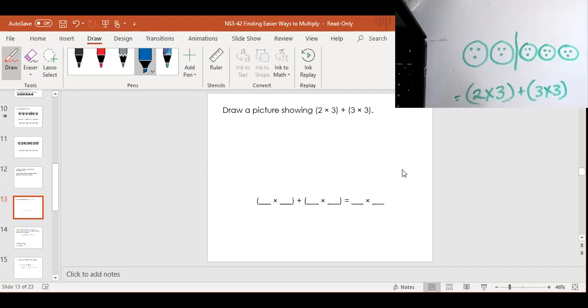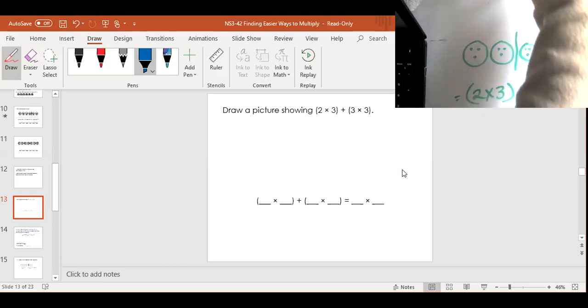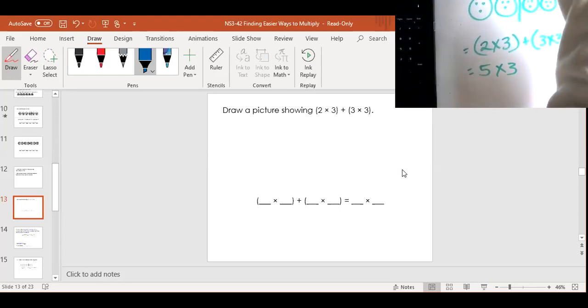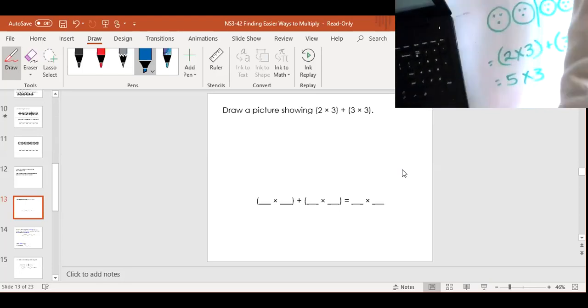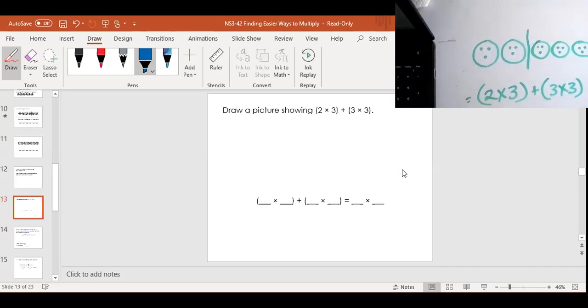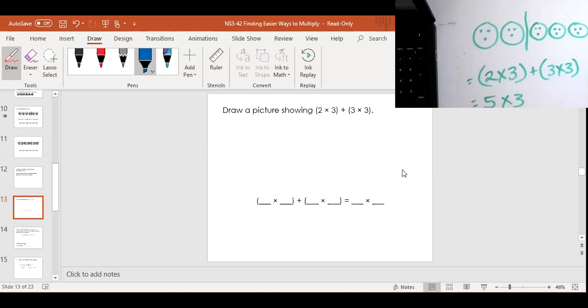Well, 2 and 3 is 5, so I have 5 groups of 3. So what they're telling you is that 2 groups of 3 plus 3 groups of 3 is the same as 5 groups of 3. Oh, you can't see it. Let me move my camera. Things are falling down. Okay, I'll make sure I'm writing where you can see. There you go.